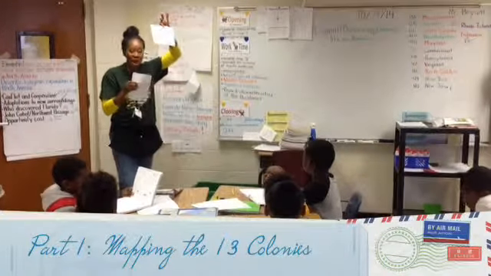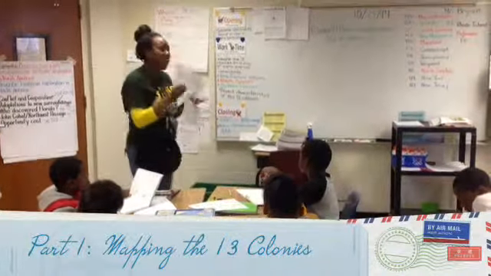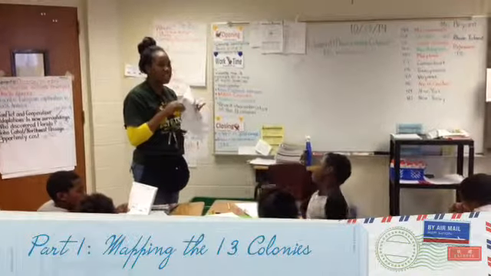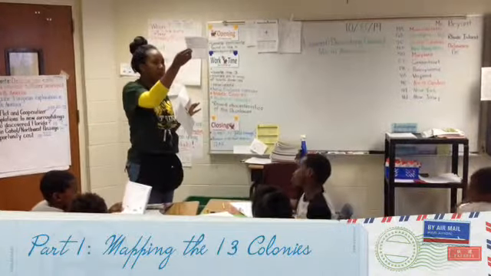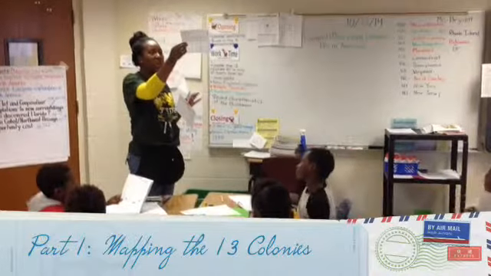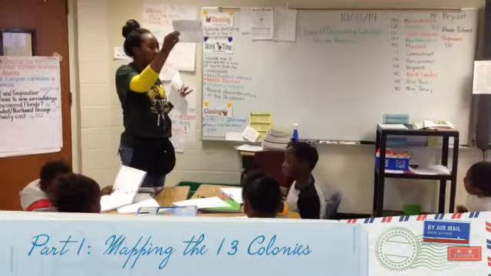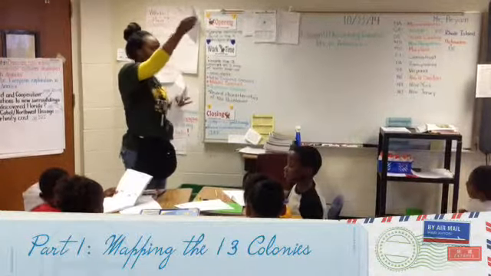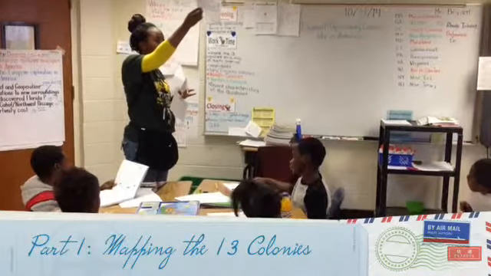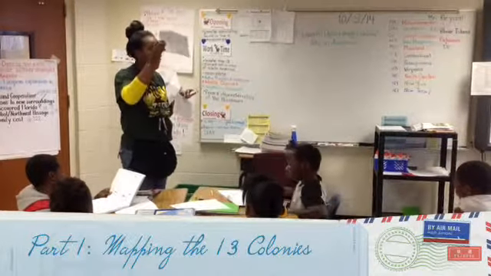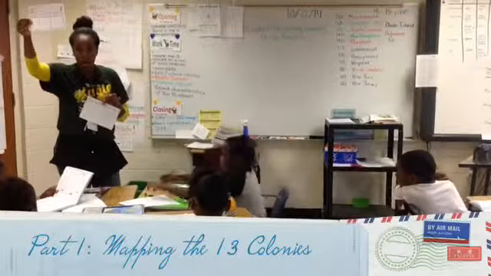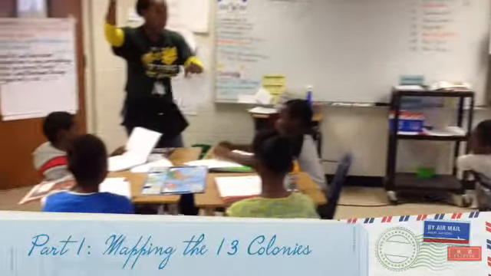The second part of your activity is taking a look at a list of words and phrases that go with each colony: New England, Middle colonies, and Southern colonies. Once we finish the map, we're going to look at those characteristics of the colonies, and you're going to sort them. You'll do this activity as a group, the 4 people or the 3 people sitting in the group.